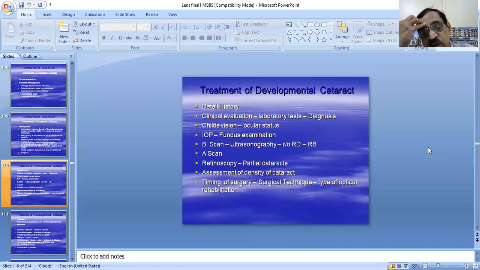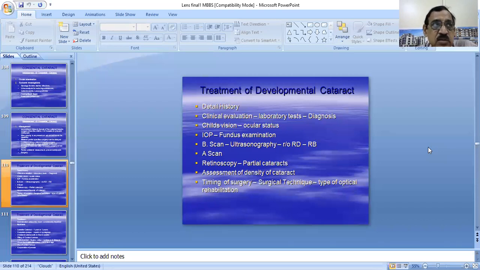IOP will have to be taken by Perkins applanation tonometer, and fundus examination will have to be done after full dilatation of the pupil.